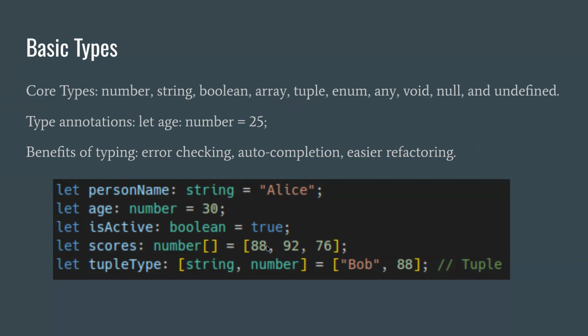As you can see in this example, you just need to put a colon and put the type information after the variable. So this one, age, is explicitly stating that age has the type of number, and these type annotations help prevent assignments of incorrect type, such as setting a number where a string is expected, and this reduces any potential bugs significantly.